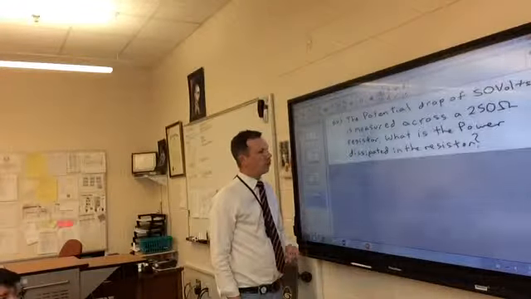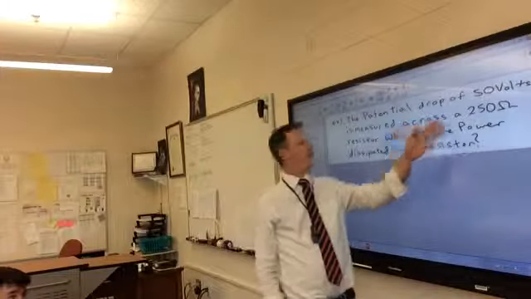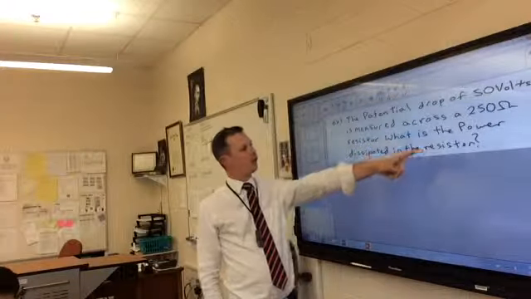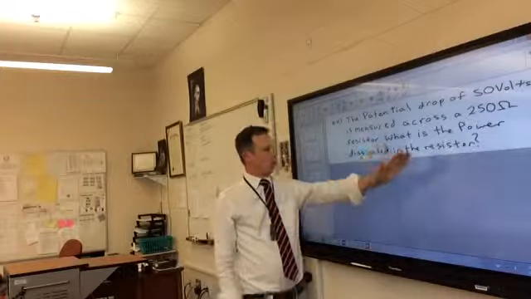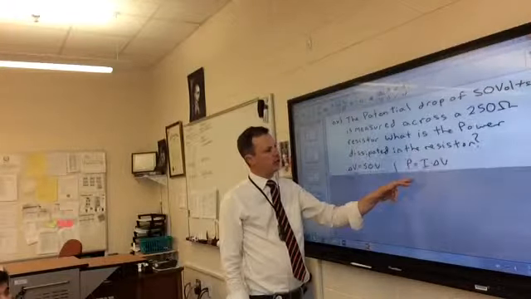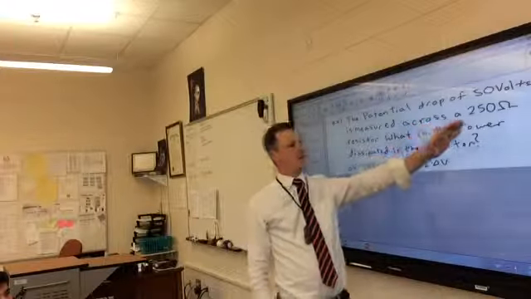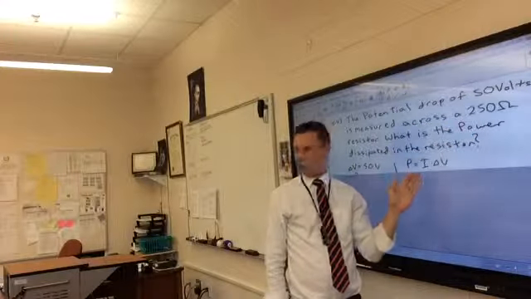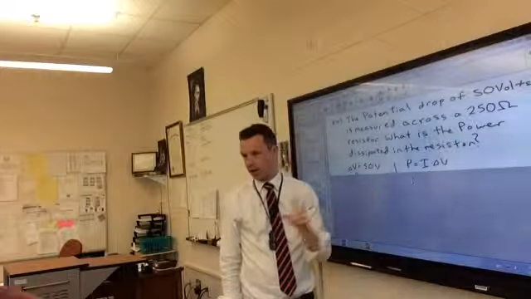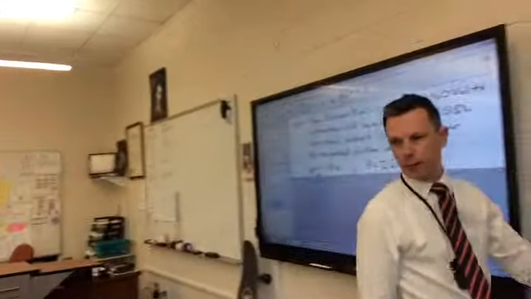Last one, a potential drop of 50 volts is measured across a 250 ohm resistor. What is the power dissipated in the resistor? And you'll notice that if we use P equals IV, here we're given voltage and resistance, but we don't have current, so we can't use that form of the formula. That's where these other formulas come in.